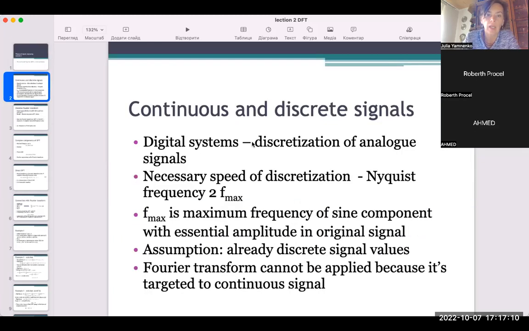Okay, let's start. At first, because we are already going to the discrete methods, we should talk a little bit about the differences between continuous and discrete signals. During this semester, we will deal mostly with the discrete method. So it will be not only signal processing, but digital signal processing, and also a very widespread and well-known acronym, DSP.